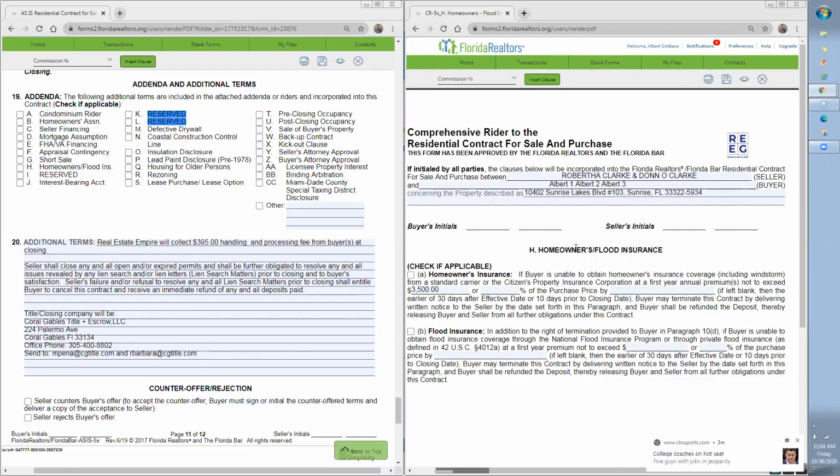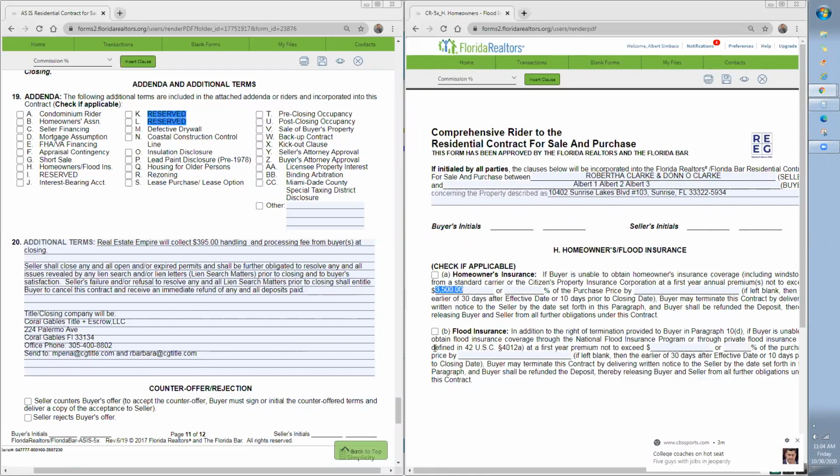So if the new buyer cannot obtain homeowner's insurance in this amount or cannot obtain flood insurance in this amount, right? We can check off both boxes. If they cannot obtain homeowners insurance for this amount, or they cannot obtain flood insurance for this amount, the buyer has the ability to get out of the contract and get their money back.